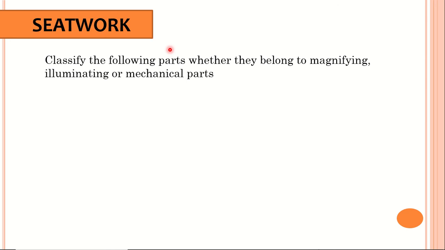For the direction, classify the following parts whether they belong to magnifying, illuminating, or mechanical parts. Again, you're going to select your answer if each part that will be flashed in this PowerPoint belongs to magnifying, illuminating, or mechanical. Are you ready? Okay, let's begin.